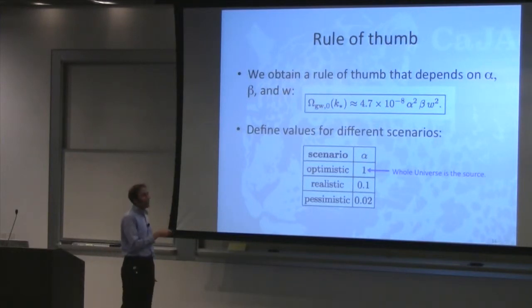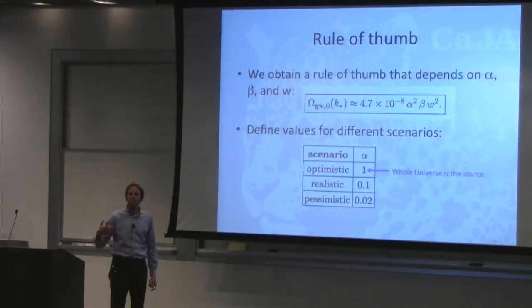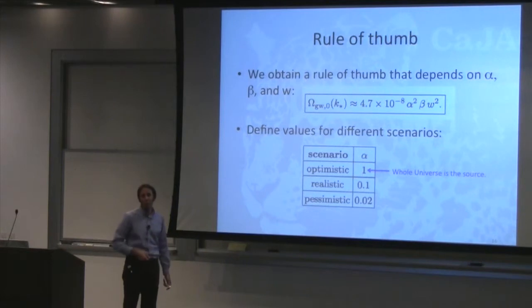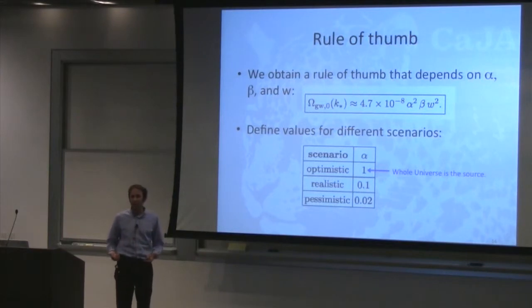So alpha, remember, is the fraction of the total energy density in the universe that is available to the source. So it can definitely be no greater than 1, so we're going to call 1 optimistic. Realistic, 0.1, is a typical value from numerical simulations of things like phase transitions, and pessimistic is a not uncommon small value, 0.02.